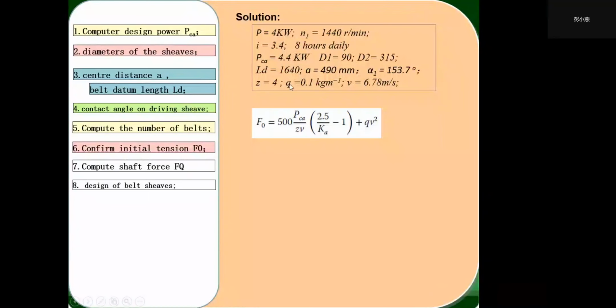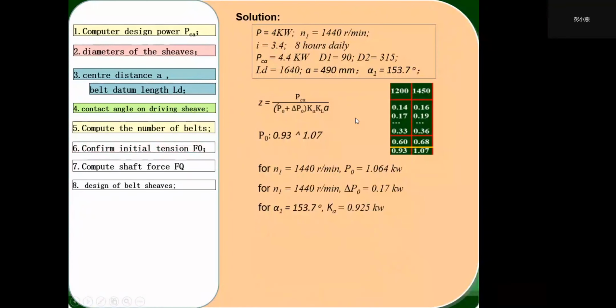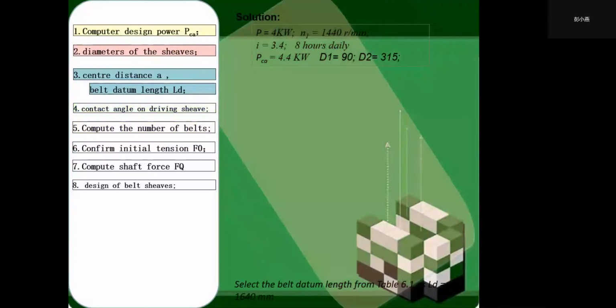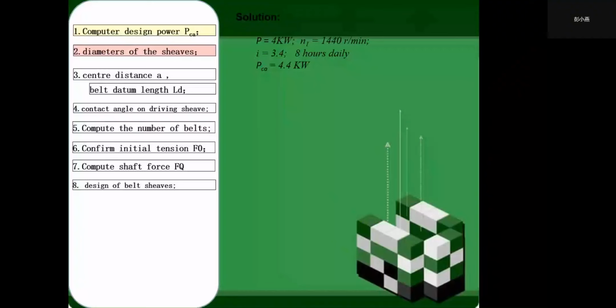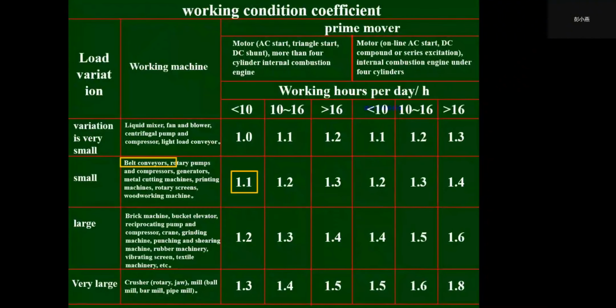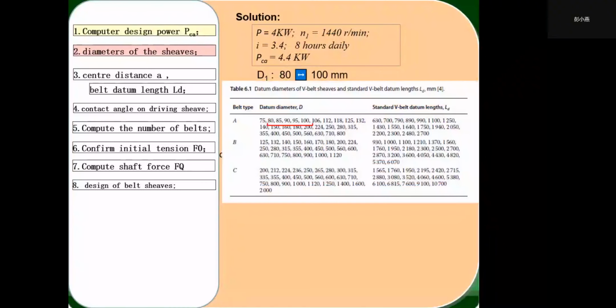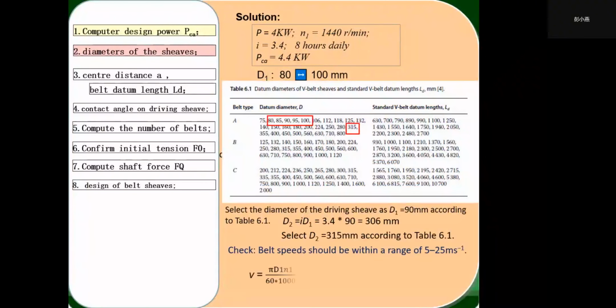Okay. And we know the Q and the V. V was calculated before when checking the selection of diameter.